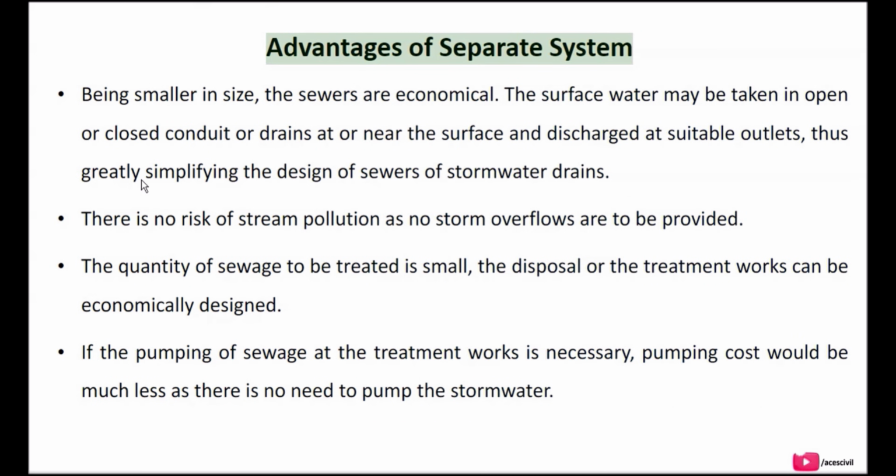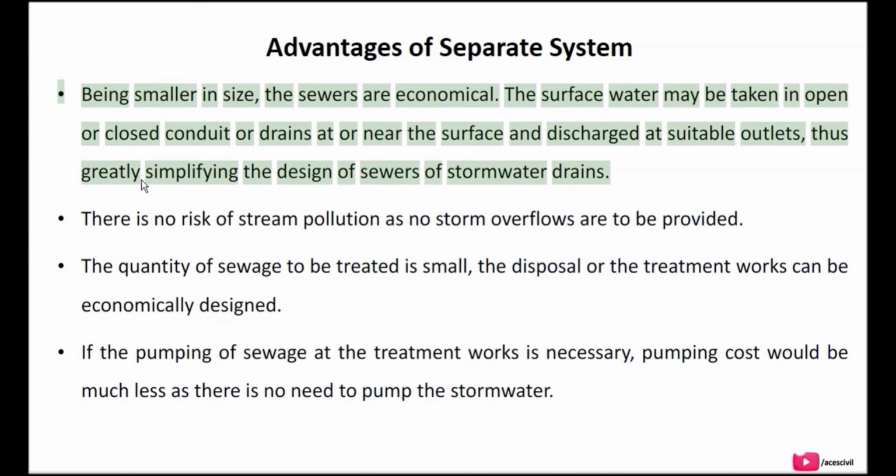Advantages of separate system: being smaller in size, the sewers are economical. The surface water may be taken in open or closed conduits or drains at or near the surface and discharged at suitable outlets, thus greatly simplifying the design of sewers or storm water drains.